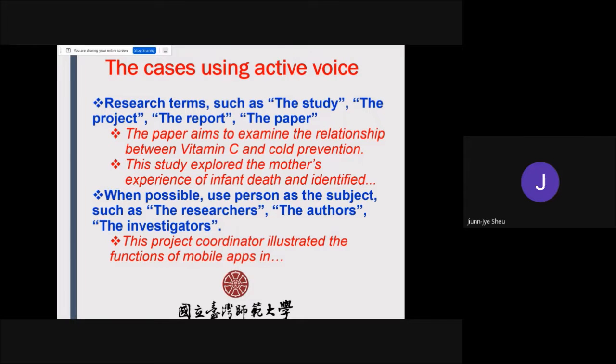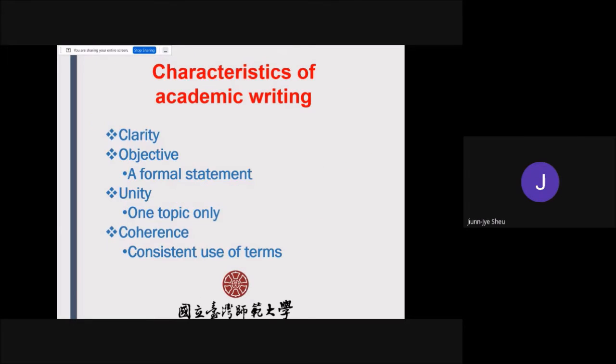You may say the research team, that is another good subject. For example, this project coordinator illustrated the functions of mobile apps in whatever else. So use project coordinator, that is a person, as the subject of your sentence.